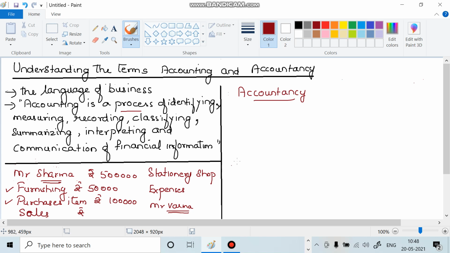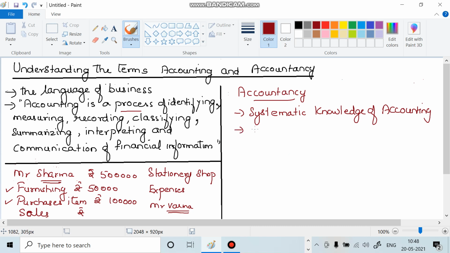But accountancy in itself is a systematic knowledge of accounting. So having a systematic knowledge of accounting is accountancy. Accounting is a process which involves steps, and the knowledge of how it is done systematically we call accountancy.